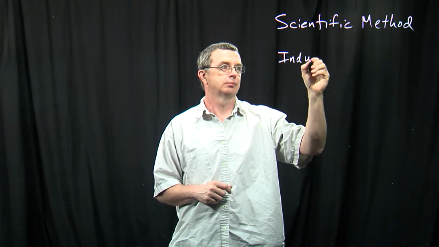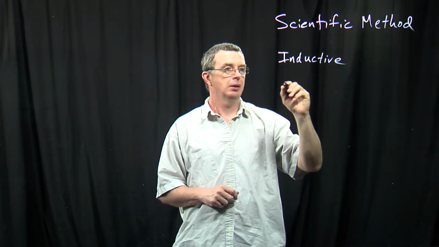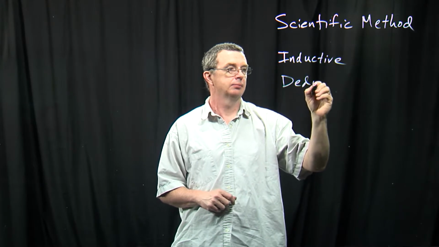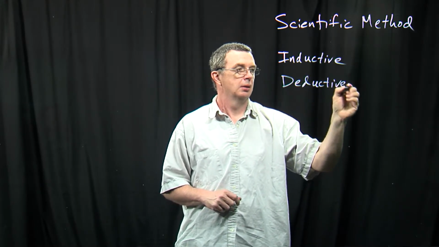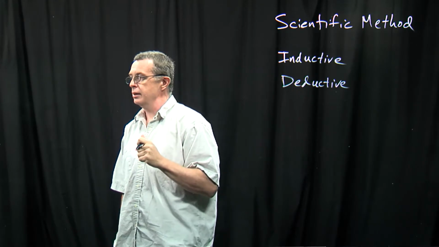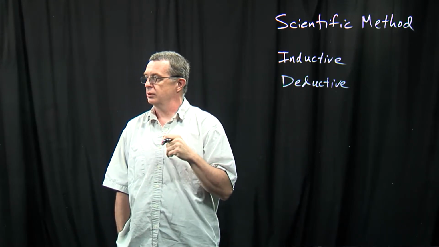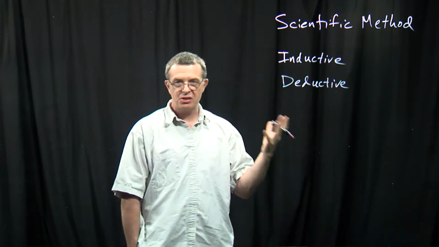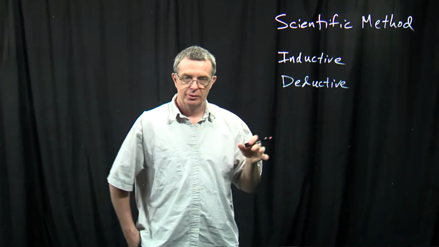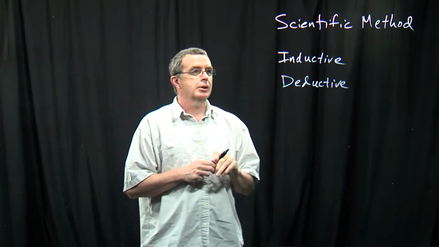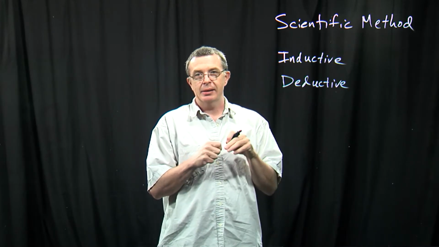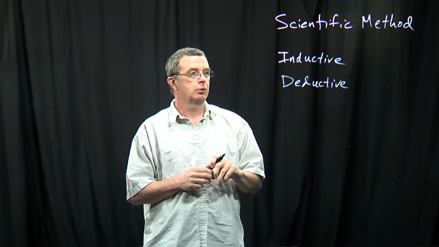The way our brain works is we have two sort of different types of thinking or reasoning. There's what's called inductive reasoning and deductive reasoning. Inductive reasoning is where we discover something about the world around us, and then we can apply that to the greater world.